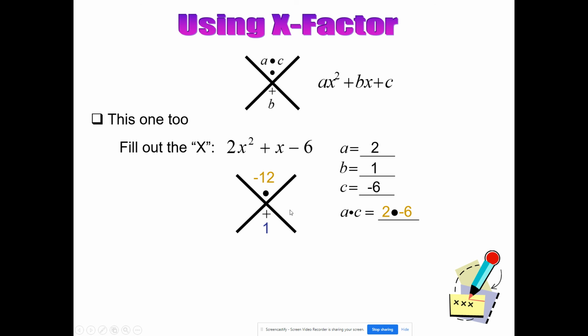So we can make it 4 and -3 to make it work. But don't forget, you have to divide by A. 4 divided by 2, that reduces. That becomes 2. But -3 over 2 does not reduce. So just leave that one alone. Keep it as -3 over 2.